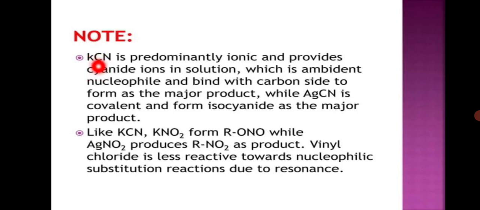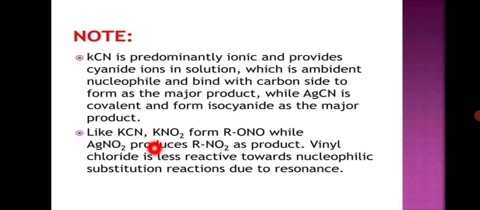It becomes K plus and CN minus. Predominantly it becomes an ambidentate, whereas this one, since it is covalent in nature, doesn't break properly, and therefore the ethyl group attaches to the nitrogen atom. It becomes isocyanide. Similarly, like KCN, KNO2 forms RONO, while AgNO2 produces RNO2 as the product.